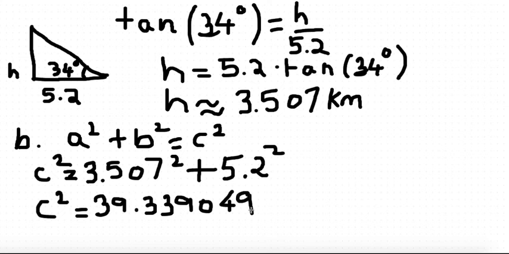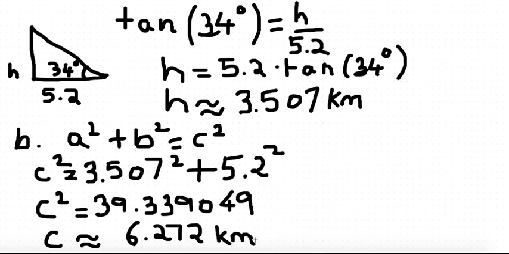Take the square root of that, and c is equal to approximately 6.272 kilometers. And that is the hypotenuse.